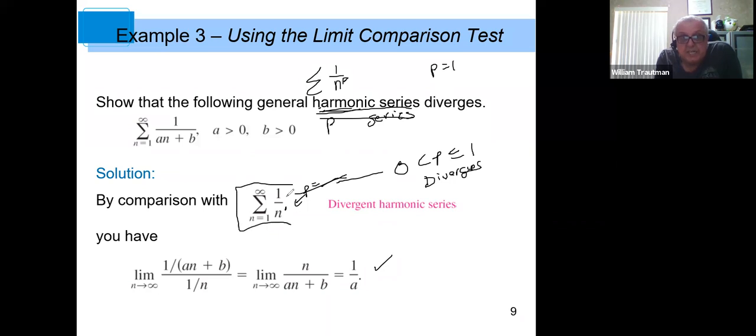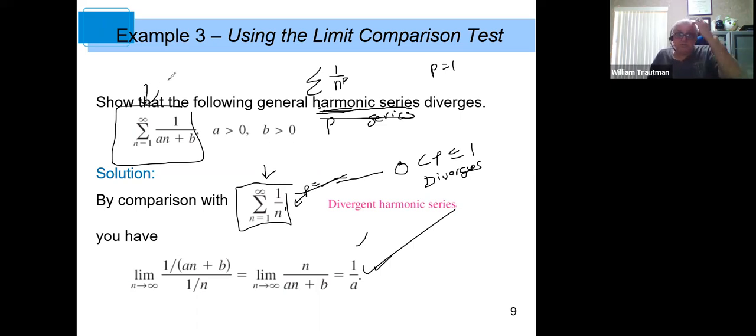Since this diverges, and we did get a limit, this diverges. All you have to show is that it does have a limit, like we have here. We know this diverges, so this also diverges. So we're just comparing the two together.